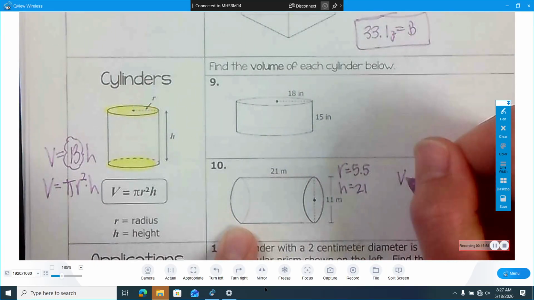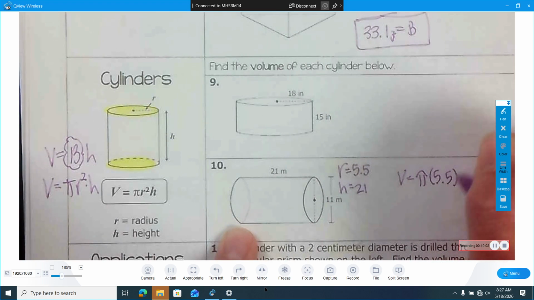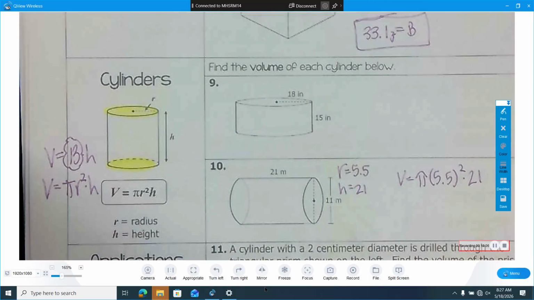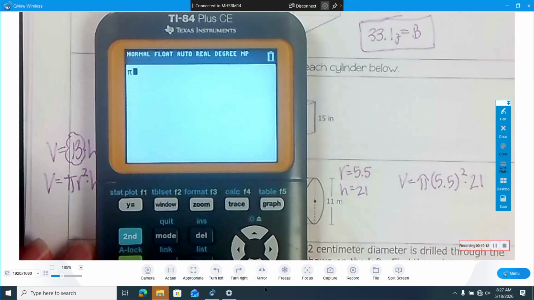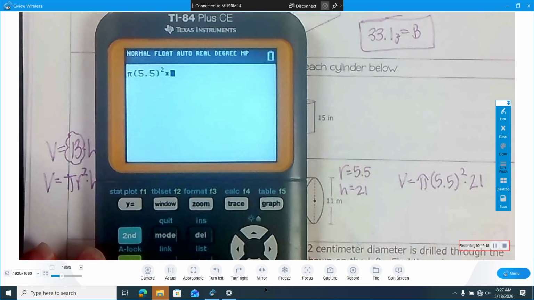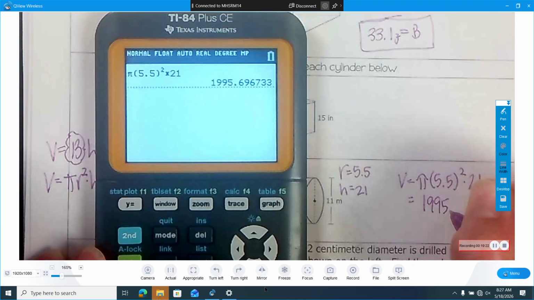And so if I want the volume, it is simply pi times radius squared times the height. And that's all you got to write down, pi times radius squared times the height, and you're good to go. My calculator, I've got pi times, oops, not 2, but 5.5 squared times, not plus, times 21. And I get 1995.